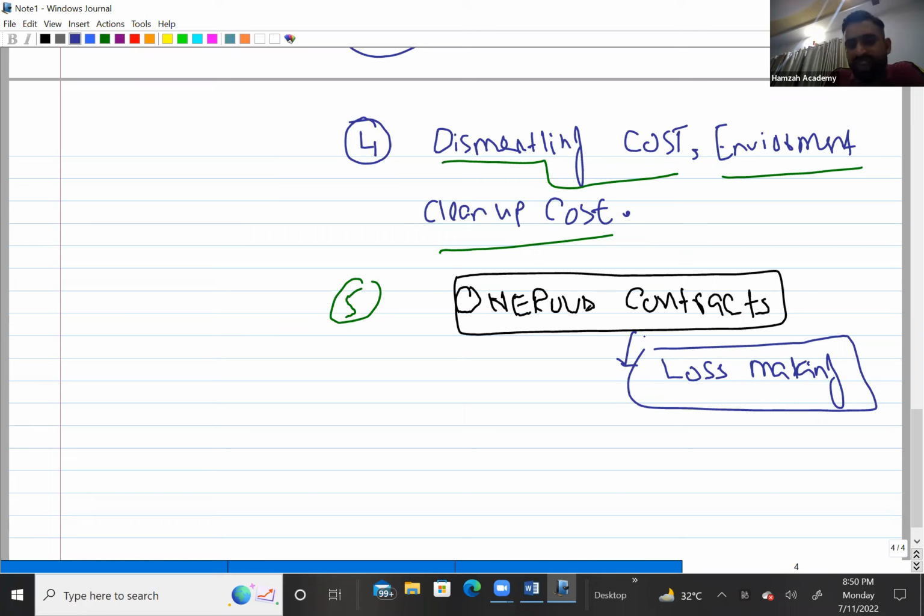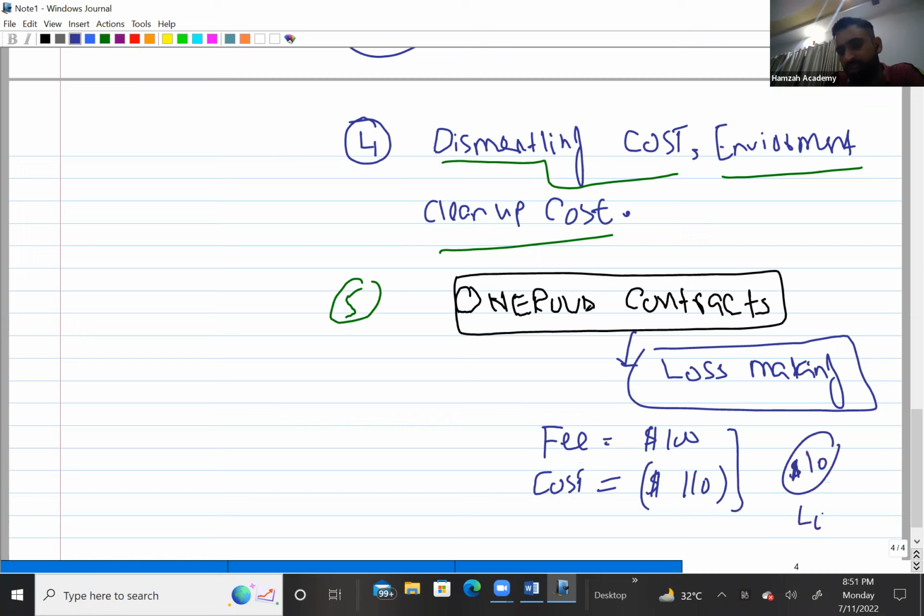For example, we have signed to construct a building and we have agreed that we will take a total of 100 million US dollars. But after that commitment, the cost has increased and now to fulfill the contract, I have to incur a total of $110 million. So now I am expecting a $10 million loss on this contract.